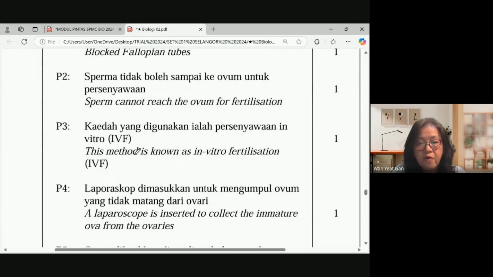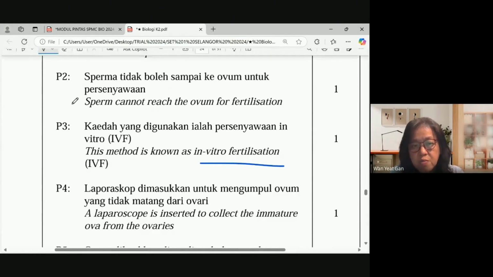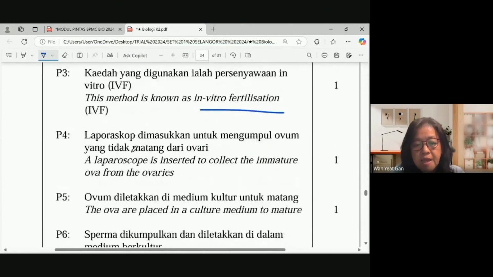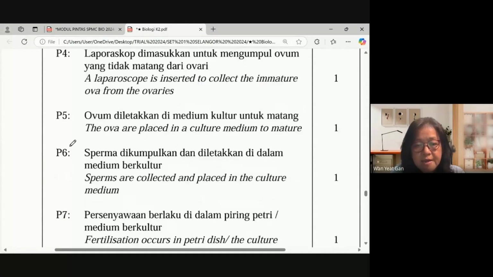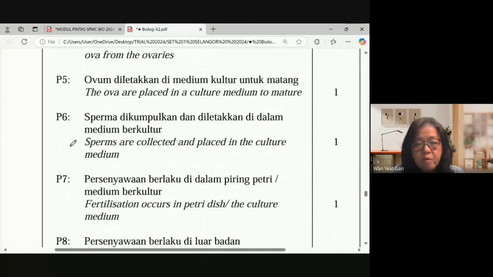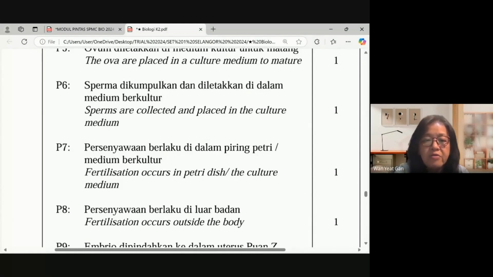So in order to overcome this problem, one method they can use is called IVF or in vitro fertilization, where you need to first of all inject the woman with hormone FSH to stimulate the growth of follicle, and then when the follicle is of good size and the ovum has matured, a laparoscope will be used to collect the ovum, and then the ovum will be placed in a sterile culture medium.